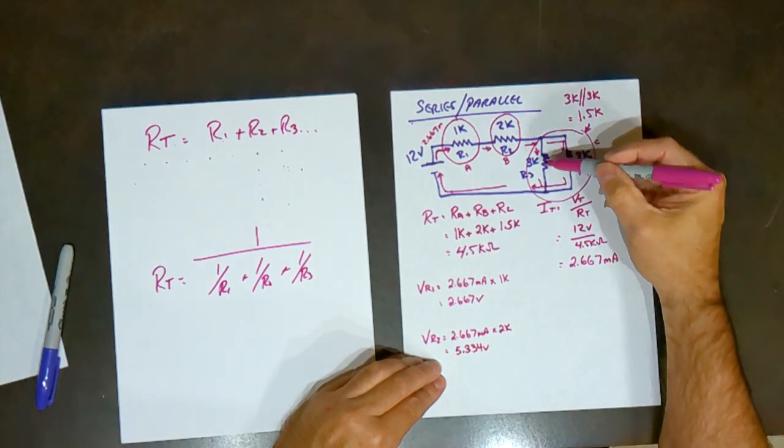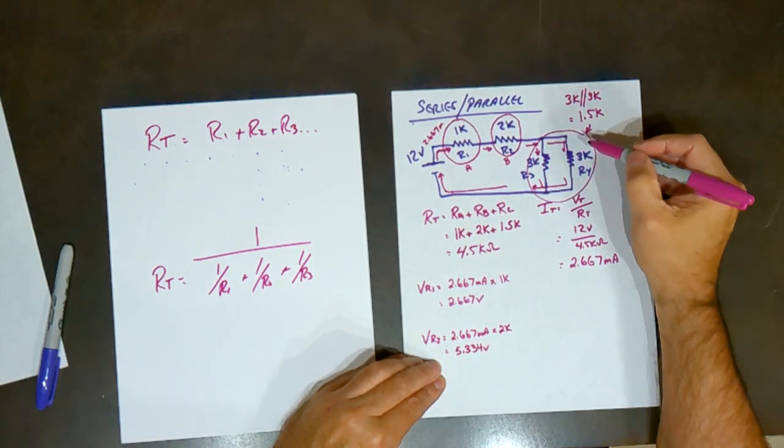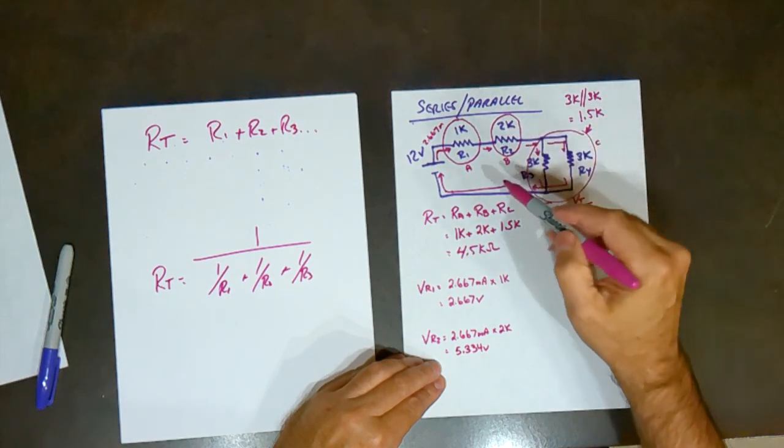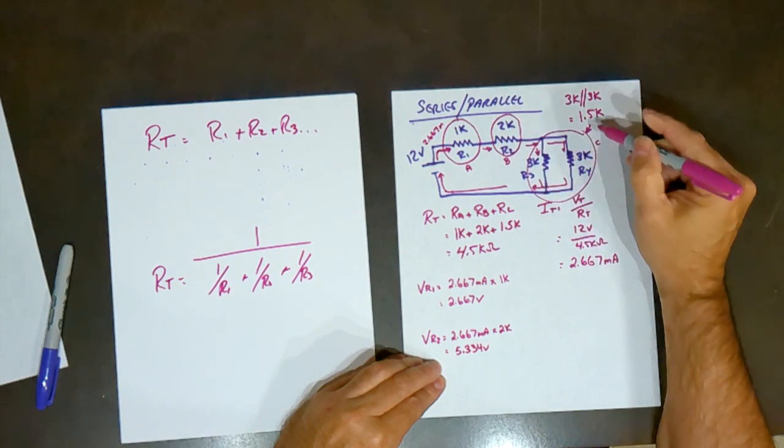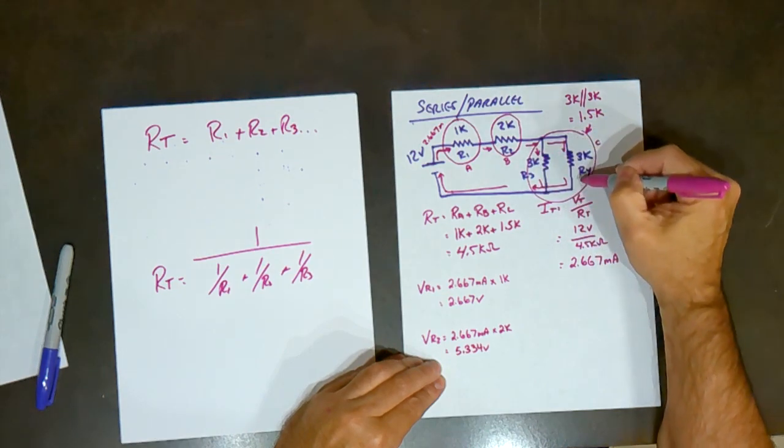Or if we wanted to, we could use the voltage divider. The voltage divider uses the resistance of C, that bubble, which is 1.5K.